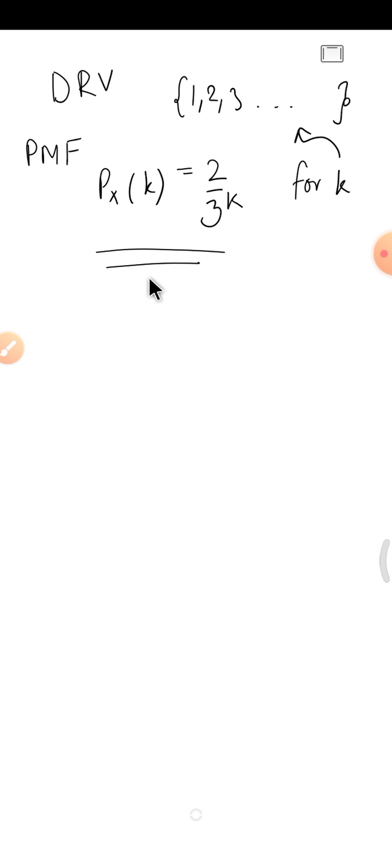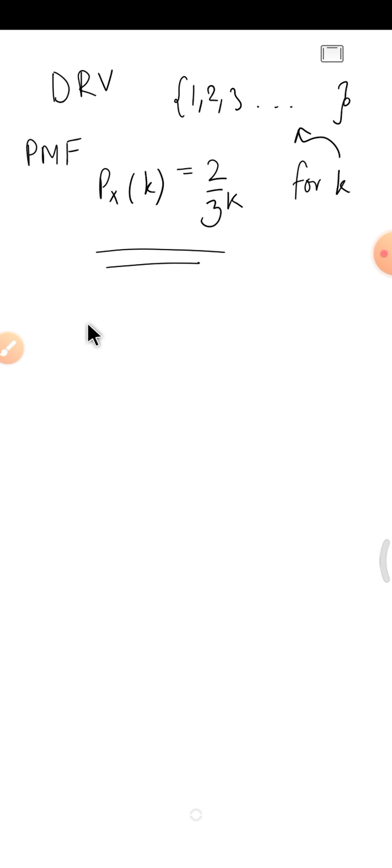We can observe that this PMF is a geometric PMF. For a geometric PMF, we can say that probabilities are positive for all values, as it will always remain positive for k equals 1 to k equals even infinity. We just have to check if all the probabilities sum up to 1 or not.